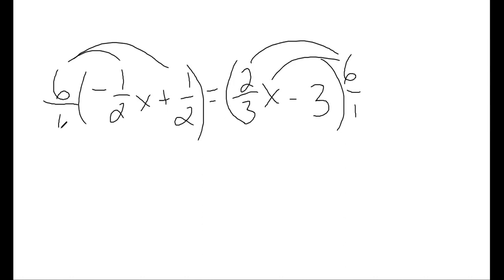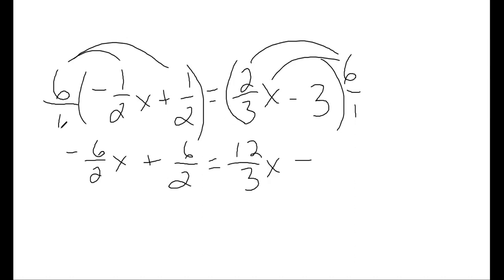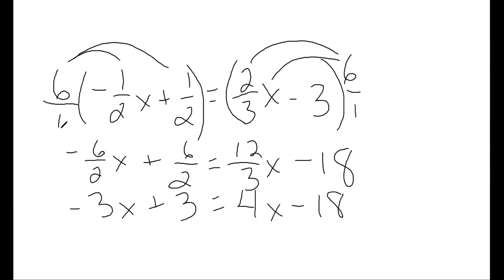So this is negative 6 over 2 x plus 6 over 2 equals 12 over 3x minus 18. All of these will simplify. Negative 3x plus 3 equals 4x minus 18.